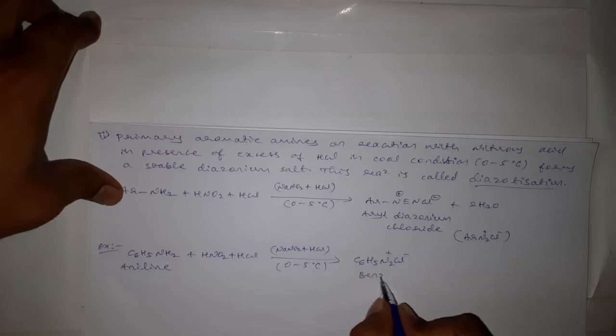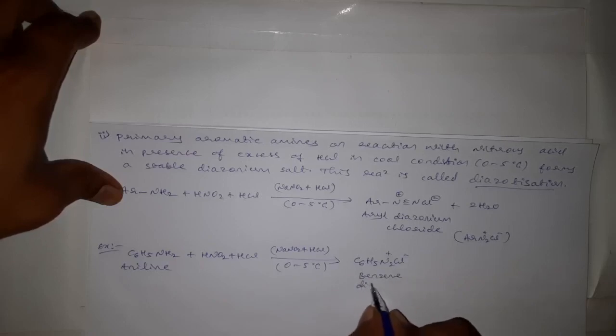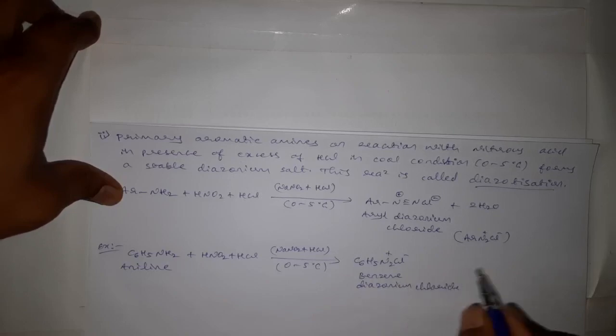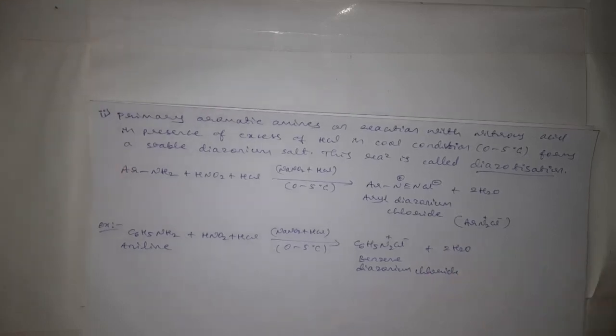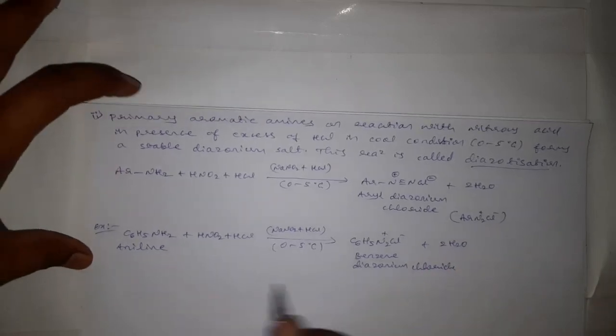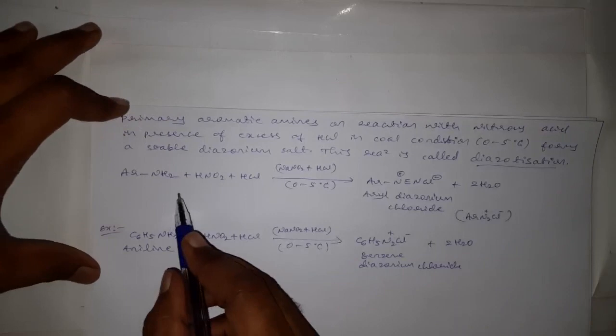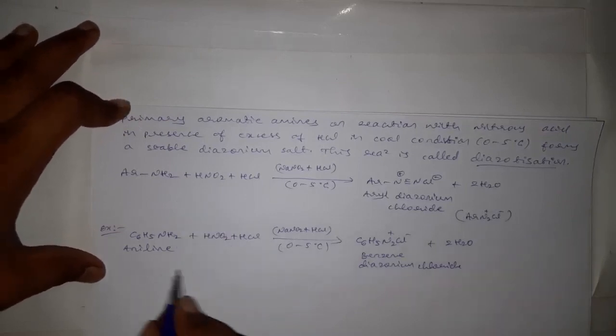This is benzene diazonium chloride, along with the loss of 2 molecules of water. This is all about the reaction of primary aromatic amines with HNO2.